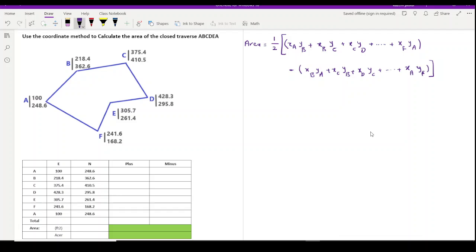You can see that the best way to solve this problem is to tabulate it. So 100 times 362.6, 218.4 times 410.5. This is the next one, and these are our plus parts, and this is going to be our minus part.